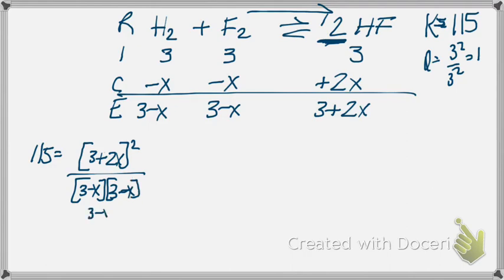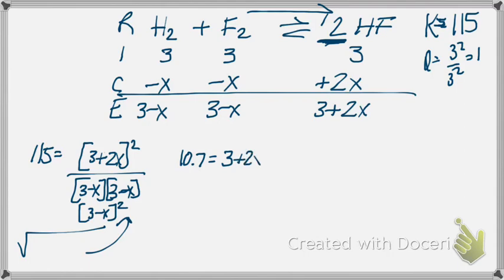Same thing as this. So we like it when we see that, because what can we do? Square root everything. So we get 10.7 is equal to 3 plus 2X over 3 minus X.